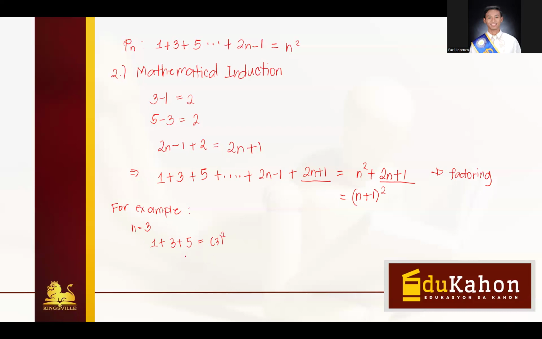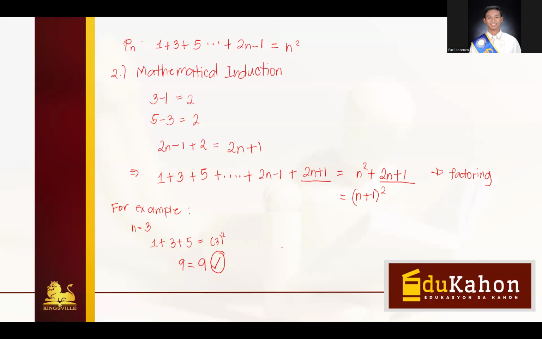Since these are three terms, we have 3 squared, since n is equal to 3. So 1 plus 3 is 4, and 4 plus 5 is 9. And what is 3 squared? We know that 3 squared is 9 also. So the formula holds for this one.